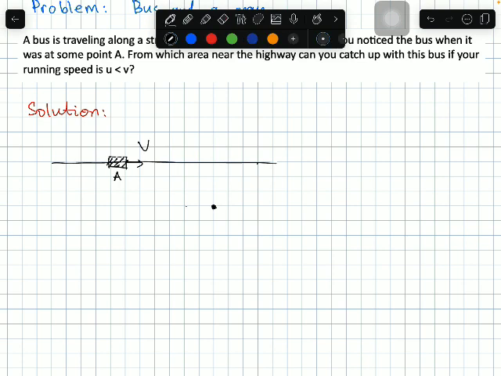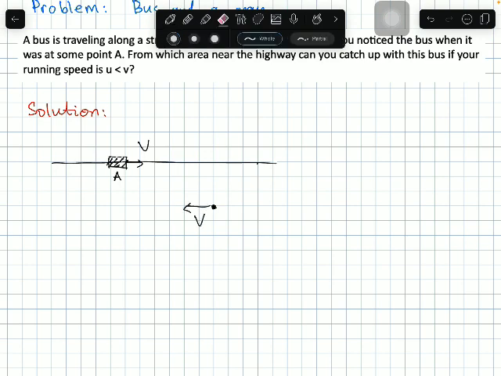This problem can be solved easily if we just switch the inertial frame. According to you standing on the ground, the bus is moving along the highway at speed v. But according to the people sitting on the bus, you are actually moving to the left with the speed v.